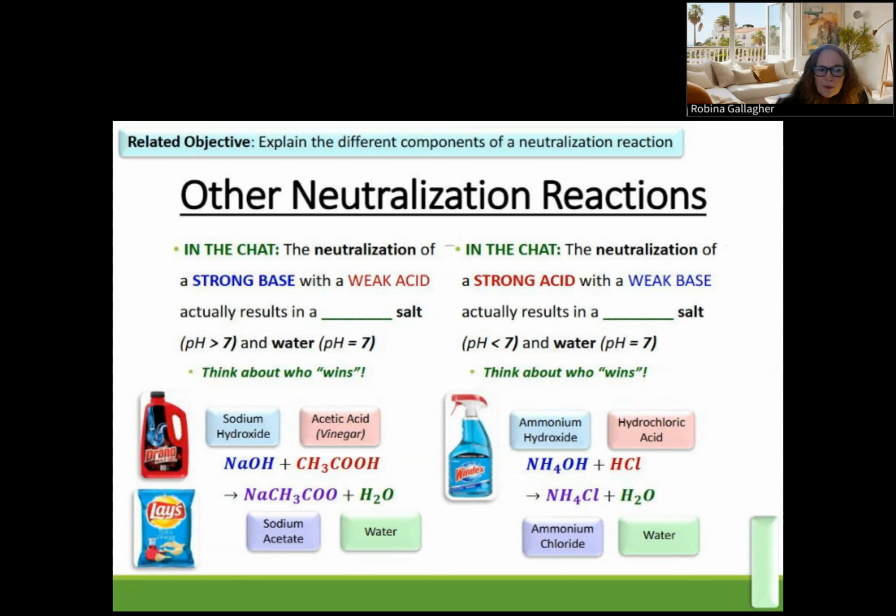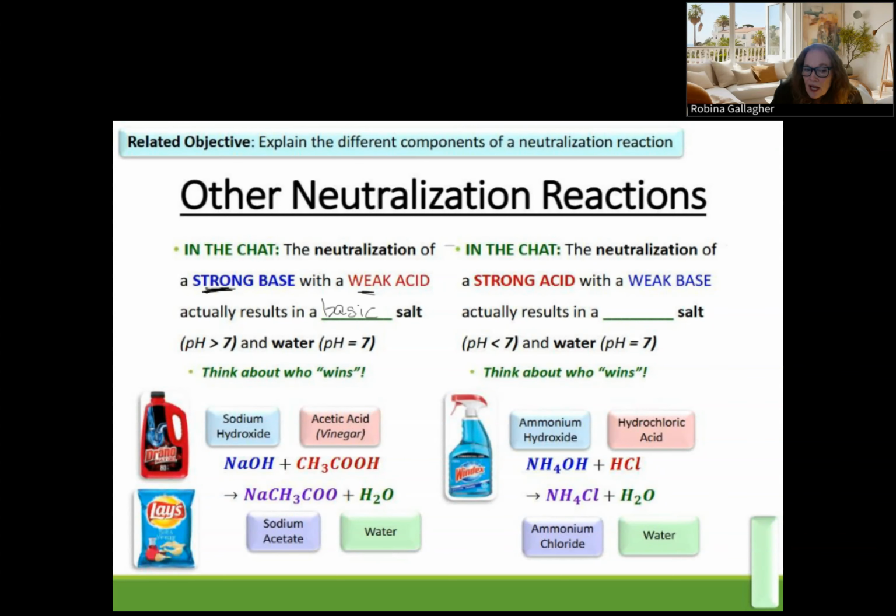So for example, if I have a strong base and a weak acid, what I want you to do is think about who's going to win if you've got a strong something and a weak something. Well, of course, the strong one's going to win. So I'm going to end up with a basic salt if I have a strong base and a weak acid.